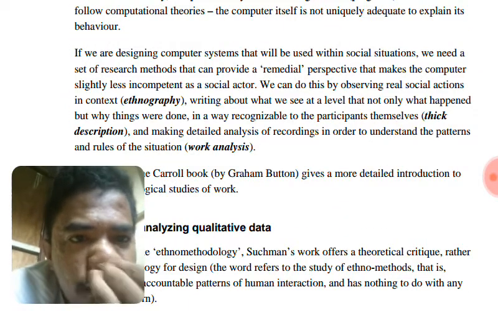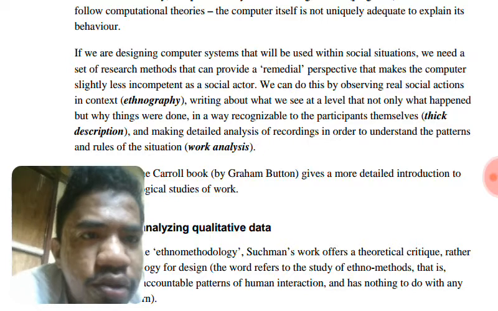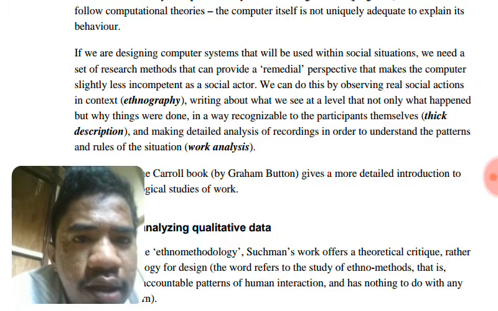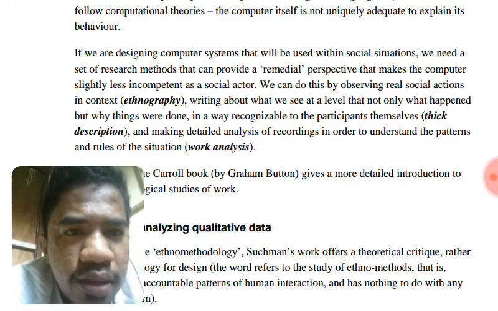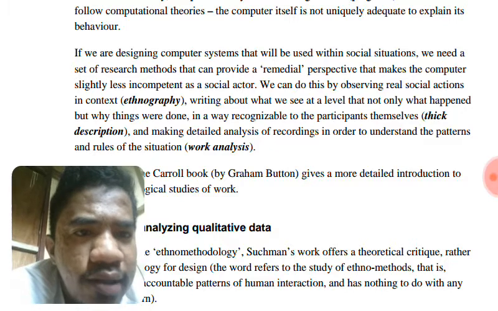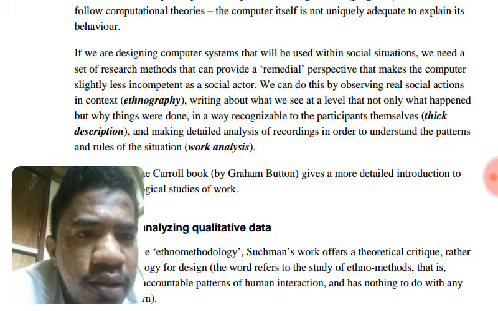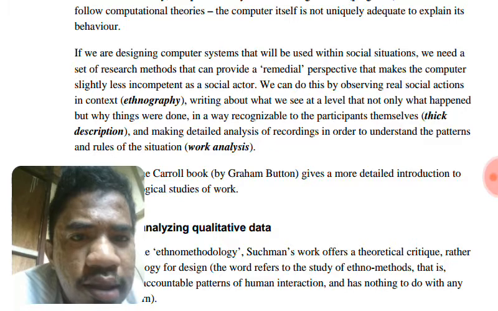If we are designing a computer system that will be used within social situations, we need a set of research methods that can provide a remedial perspective that makes the computer slightly less incompetent as a social actor.